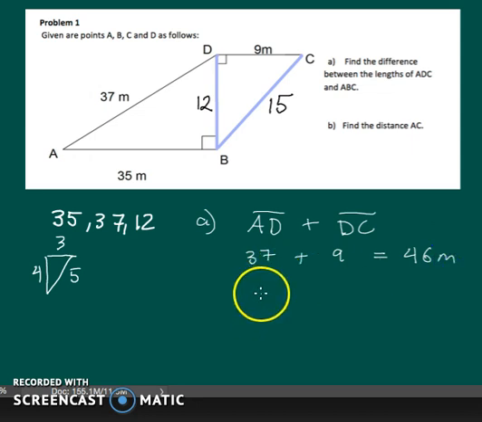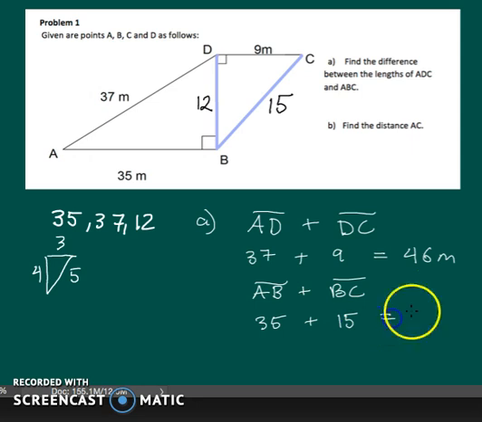What about ABC? So it consists of the line segment AB and the line segment BC. AB is 35 meters, and BC, we just figured out, is 15 meters, which is a grand total of 50 meters.